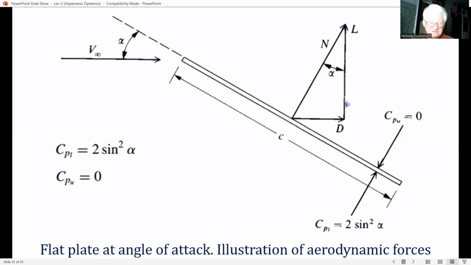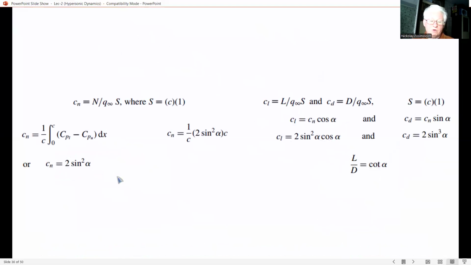As shown in this figure, according to Newtonian theory, the pressure coefficient on the lower surface, Cp lower, is 2 sine squared alpha. And that on the upper surface, which is in the shadow region, Cp upper must be equal to 0.